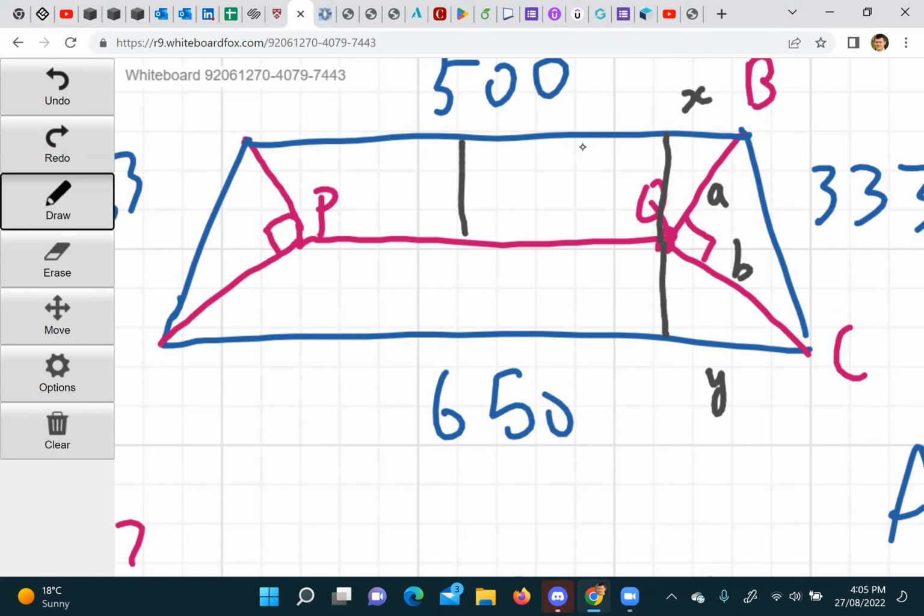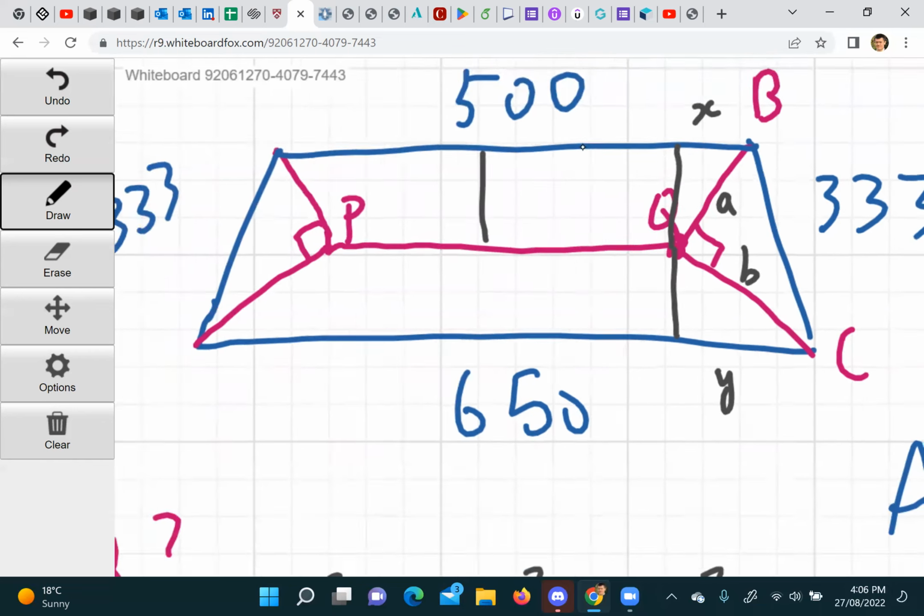And then, but what is the relation between X and Y? Well, obviously, for example, 500 minus 2X is equal to 650 minus 2Y is equal to PQ, right? So then you just have one variable and it's like a quadratic, right? And so you could find X. And once you find X, you get PQ. That's kind of like the plan for Pythagoras bash.